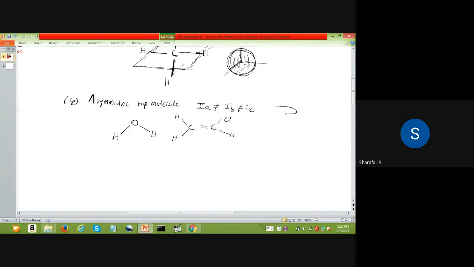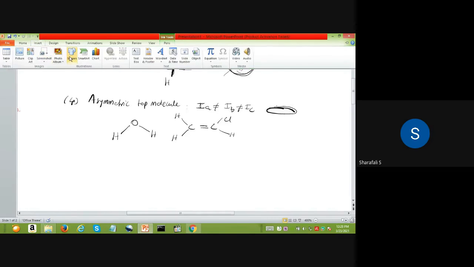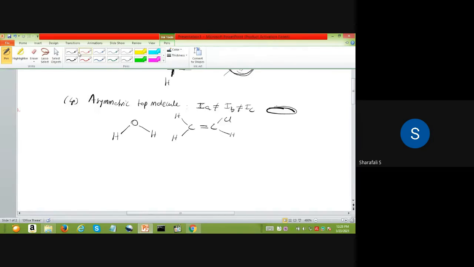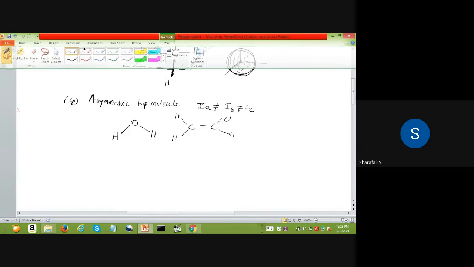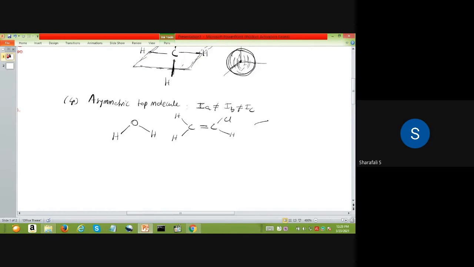If you consider an ellipse at the ends of a solid cylinder, then you can picturize that asymmetric top like this. So this is an ellipse, and we have the cylindrical structure like this.